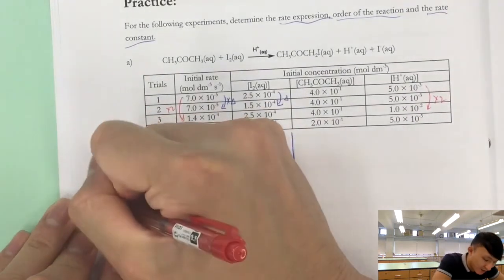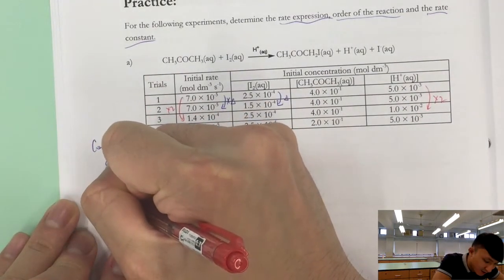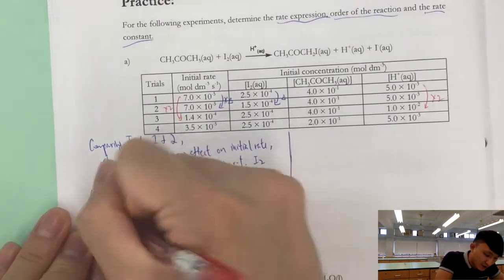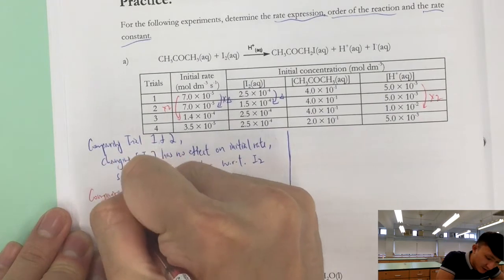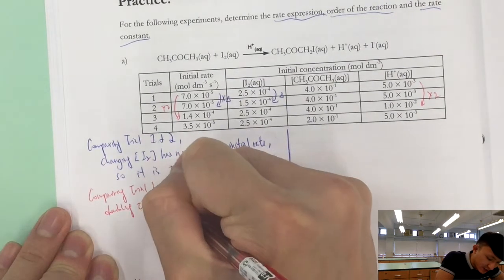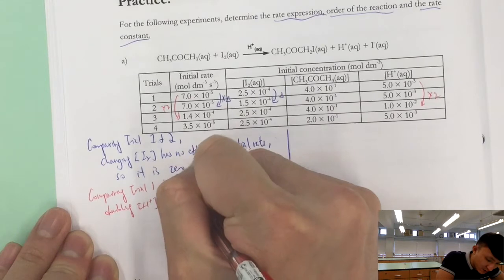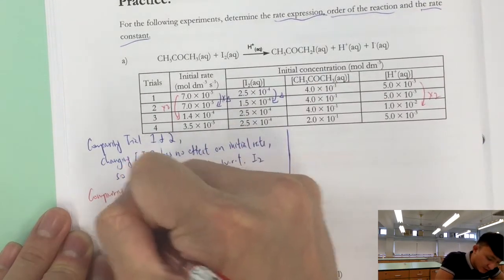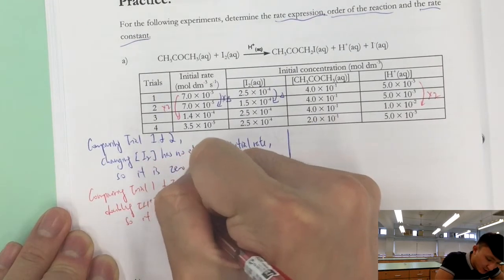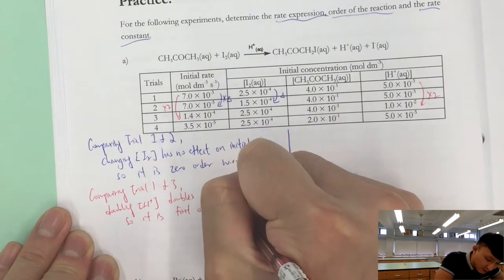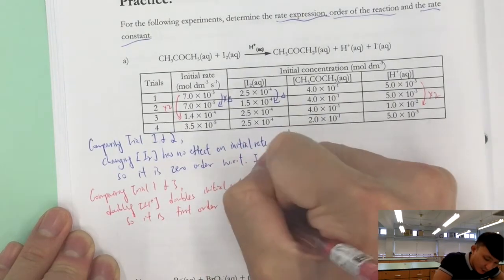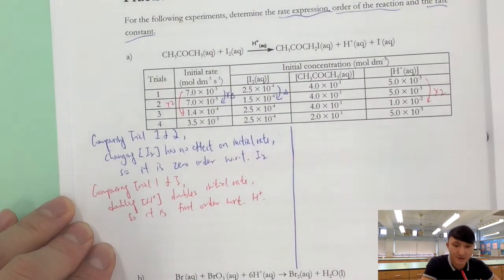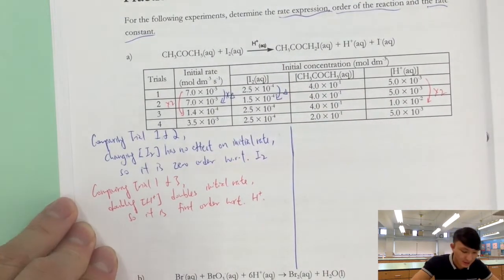So again, comparing trial 1 and 3, doubling H plus concentration doubles the initial rate. So it is first order with respect to H plus. Now you notice that H plus is the catalyst, but it still has an order with respect to it.